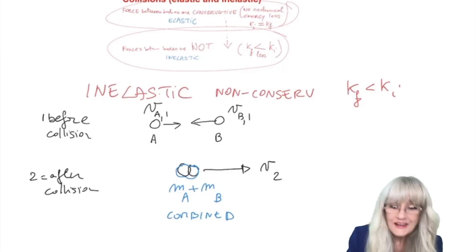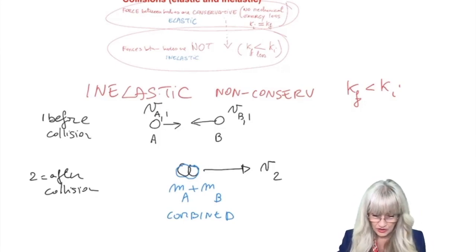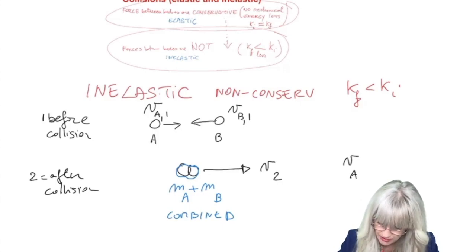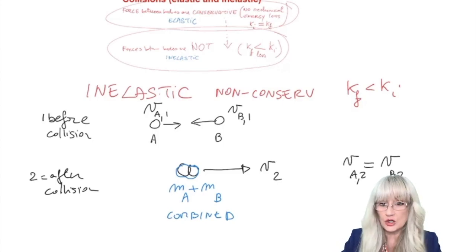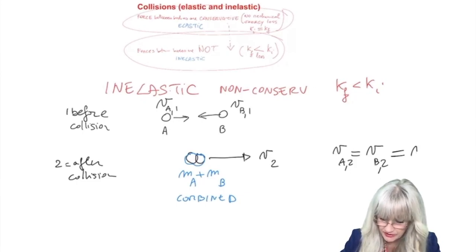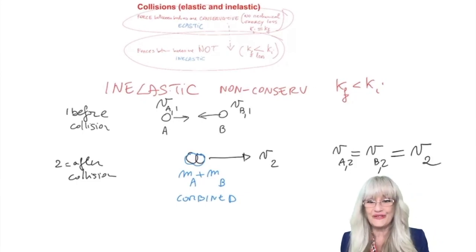V2 is after the collision. So after the collision, the condition is that the velocity of object A after the collision will be equal to the velocity of object B after the collision, and is going to be equal to this V2, the velocity after the collision.